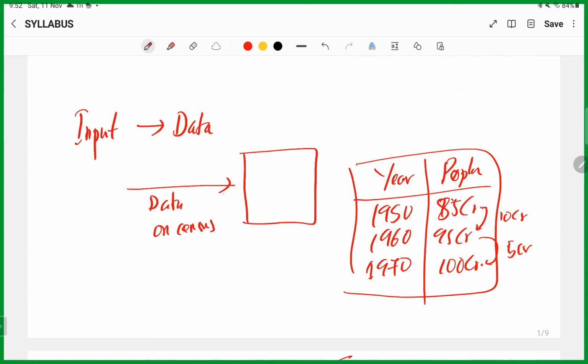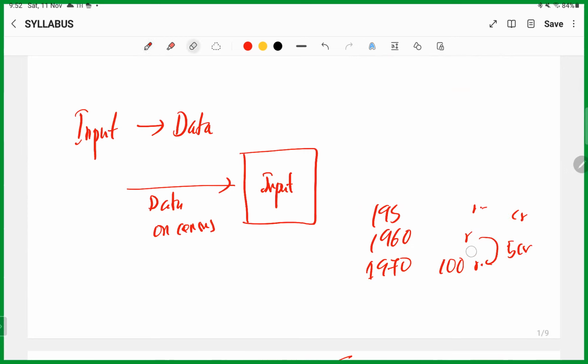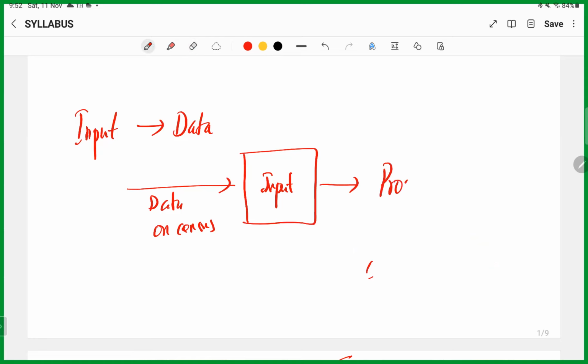Now you input all this data in the computer. Once you input, the computer will process the data and make it into organized information, and then you get proper information. This is how it works.